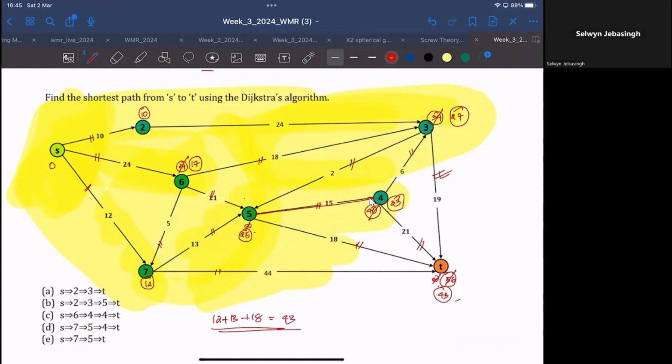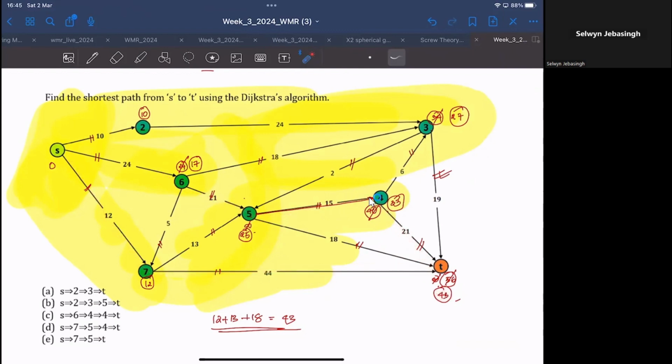Once you have found the minimum cost of the goal position, like earlier it was infinity, at some point it was 56, finally we have converged it to 43 when all the nodes have been covered. So we have to backtrack. Which of these paths will give you the cost as 43?